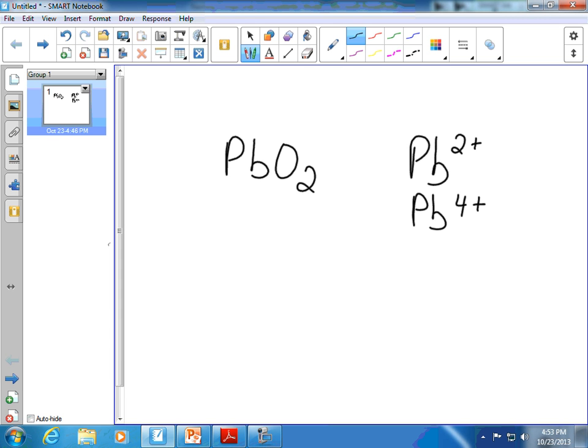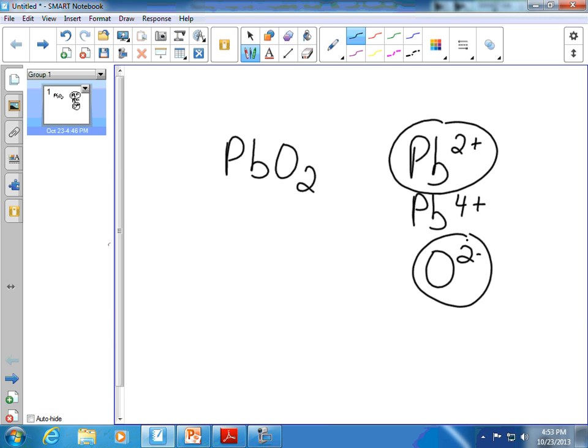We also know that oxygen has a 2- charge. So if we put our compound together using Pb2+ and O2-, they have the same charges, so they would cancel each other out and we'd be left with PbO. But that's not what we're given.